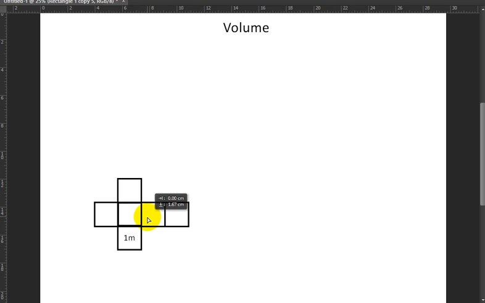Now each of the sides in these boxes are exactly 1 meter, right?